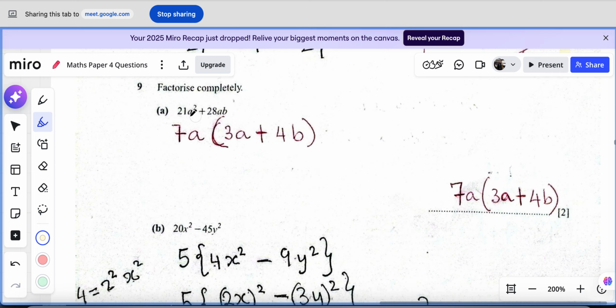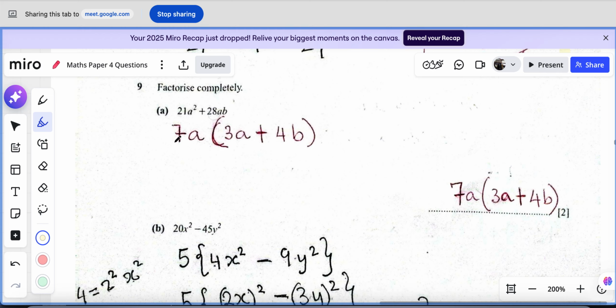What is left here after you take 7 out is not 21 minus 7, it's division. It's like you say 21 divided by 7, you get 3. A squared divided by A, you get A left. So you write that here. Plus, you write it here.